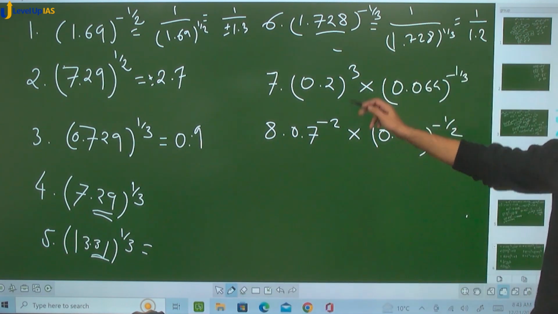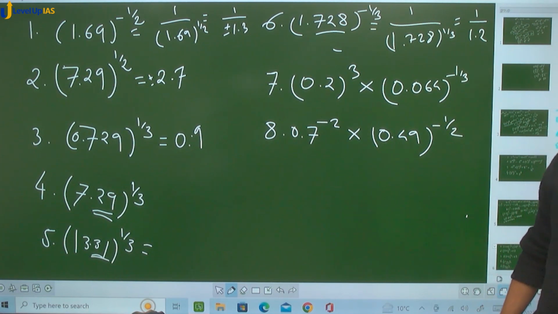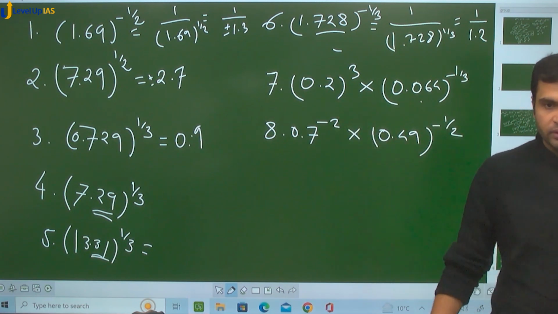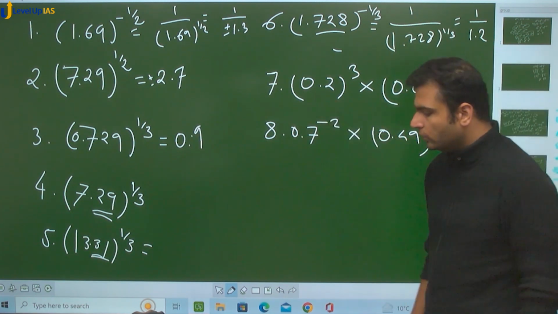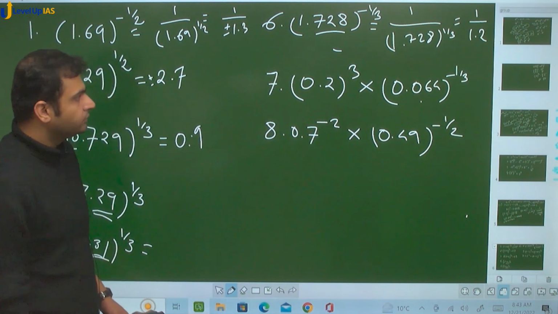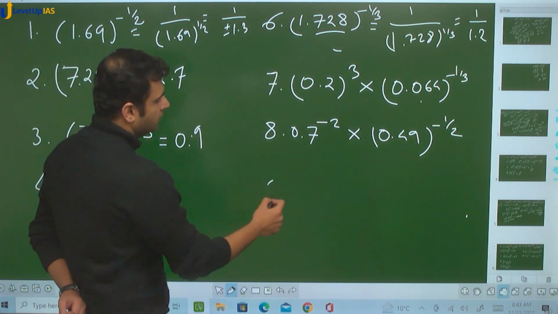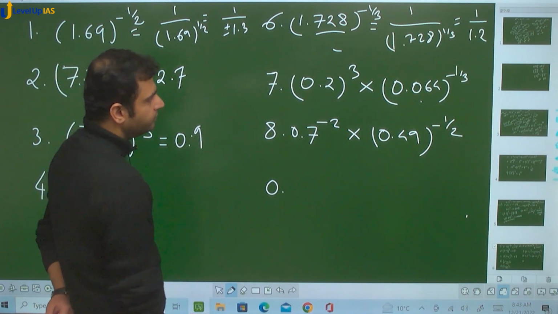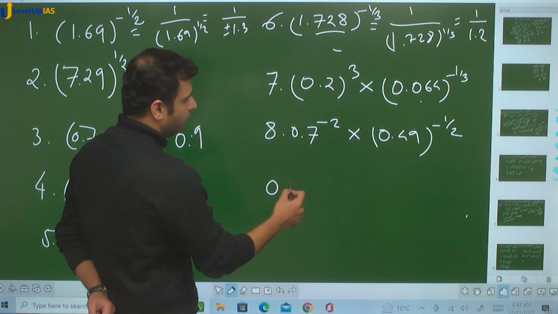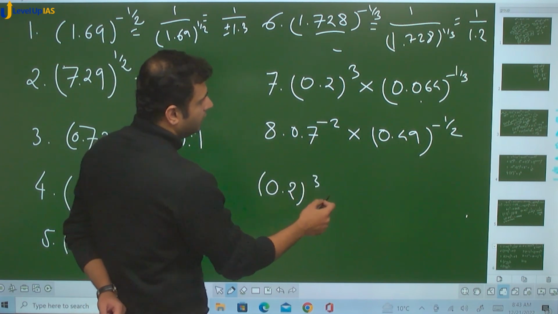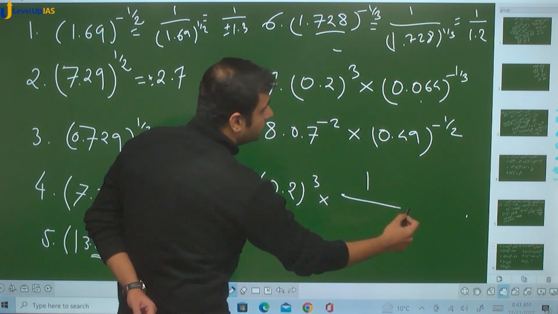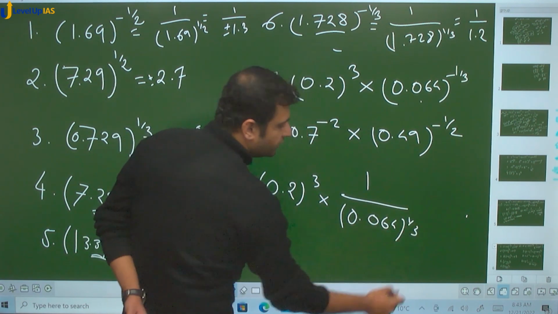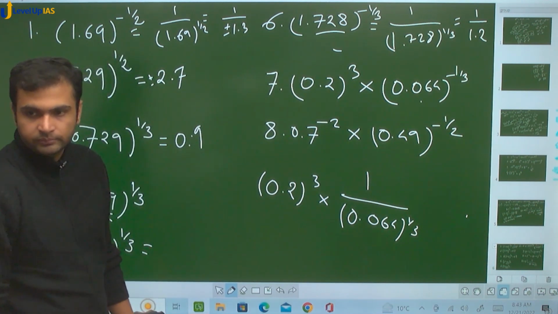Next question. Now here there are 2 numbers, but the base is not the same. The base is different. So what is 0.2 cubed? 0.2 cubed into 1 upon 0.064 raised to 1 by 3, right?